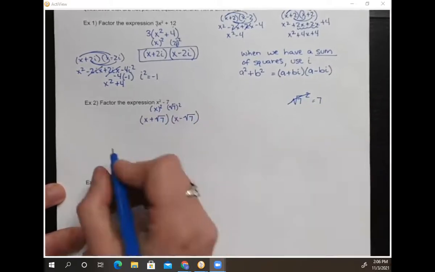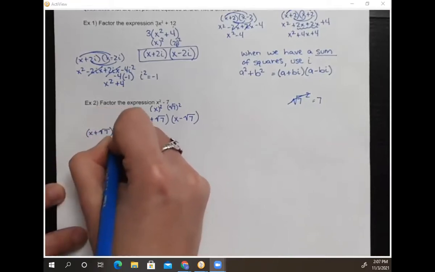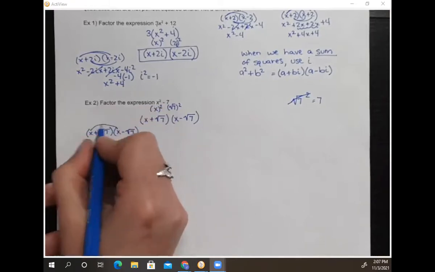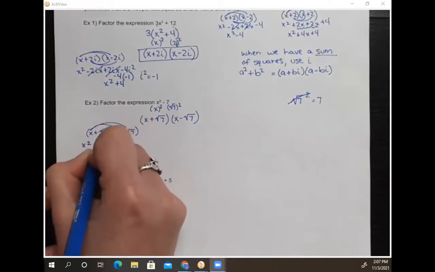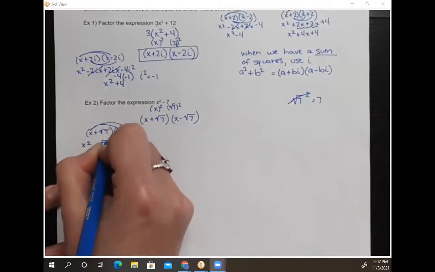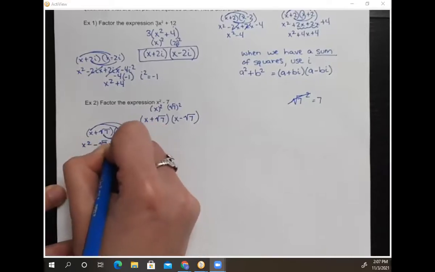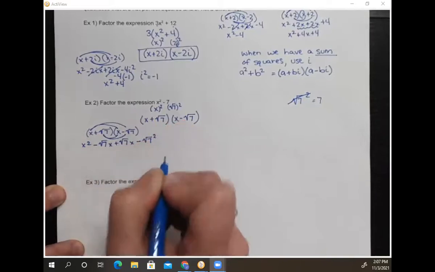And now let's look at what happens when we distribute. So I can always check my factoring with distributing. And let's multiply these out. So I would get x squared minus root 7x plus root 7x minus root 7 squared, right?